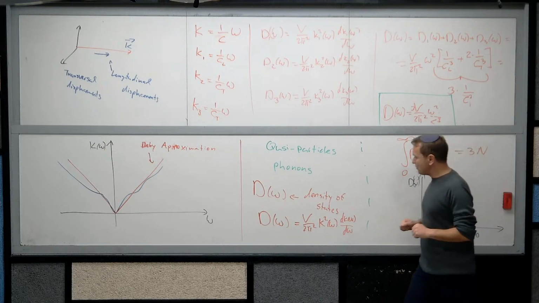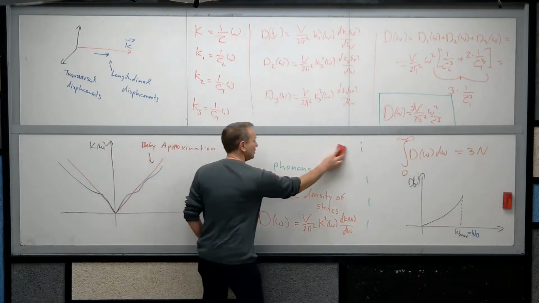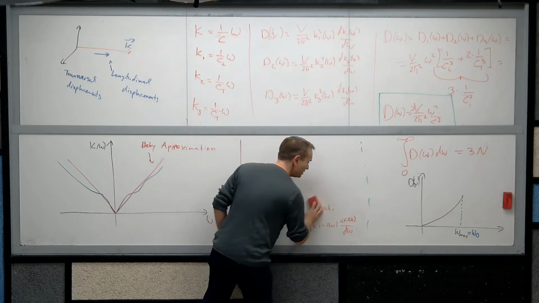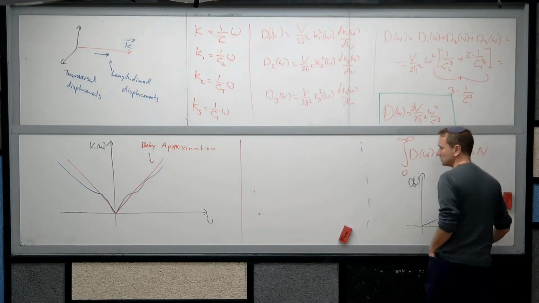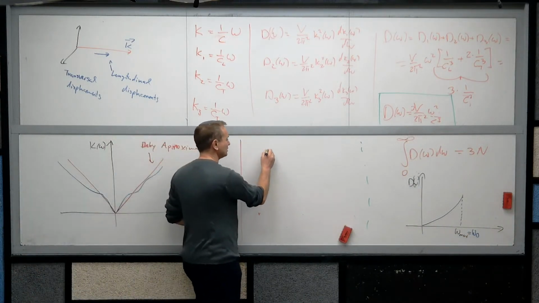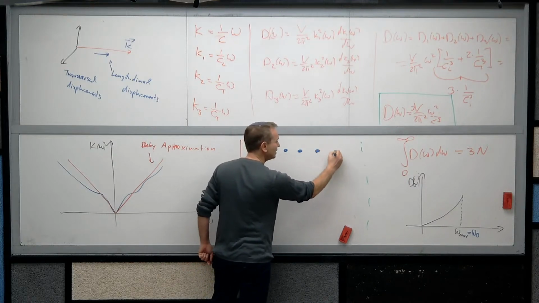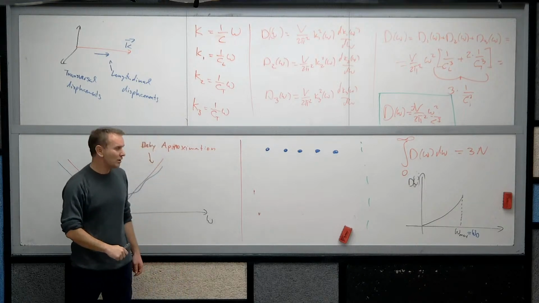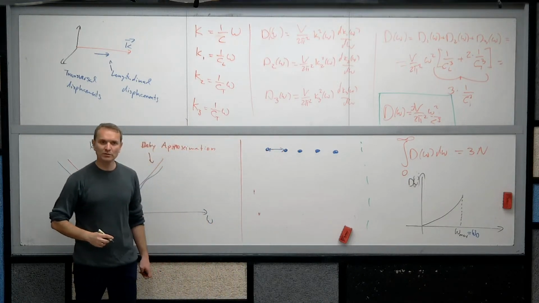Now, if we assume that the media is a continuum, then any omega has to be possible. But what is the original assumption? We know that there are atoms, and there is a distance between the different atoms.